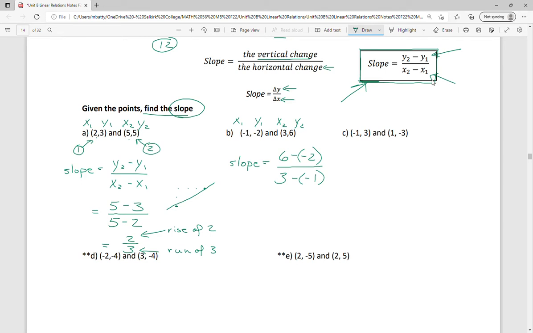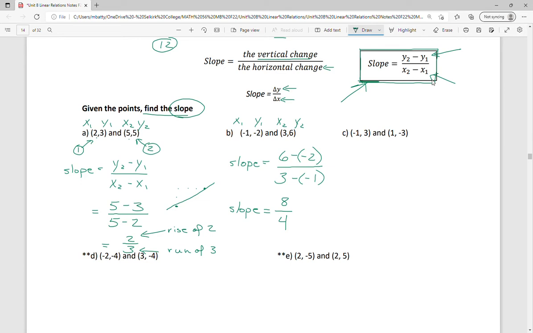I can make this look a little bit simpler. Negative negative is a plus, or you can put that in your calculator if you type it in exactly like you see it. On the top, I would end up with an 8, and on the bottom, I would end up with a 4. So slope is a key place where fractions are absolutely your friends. But in order to get the simplest answer, always fractions need to be reduced.